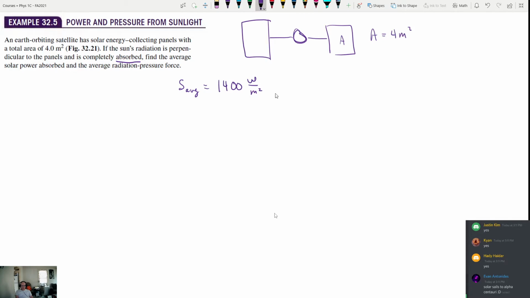So if we want to figure out the power absorbed, we just do intensity times area. So S average multiplied by area. So 1400 watts per meter squared multiplied by 4 meters squared. So we'll get 5600 watts. That's the power.